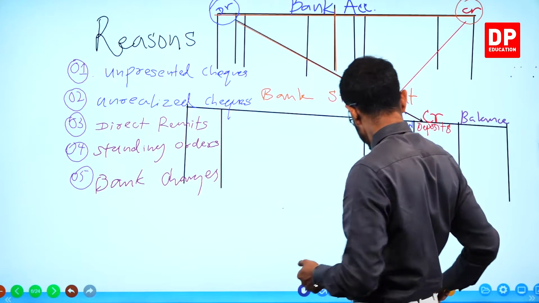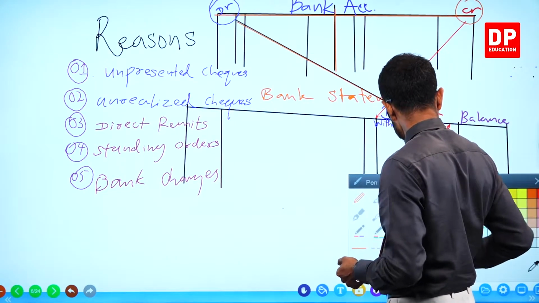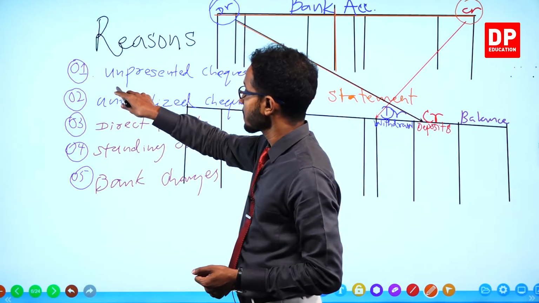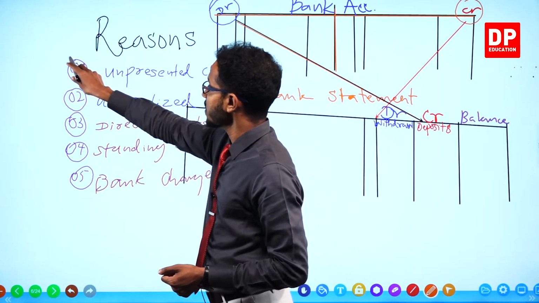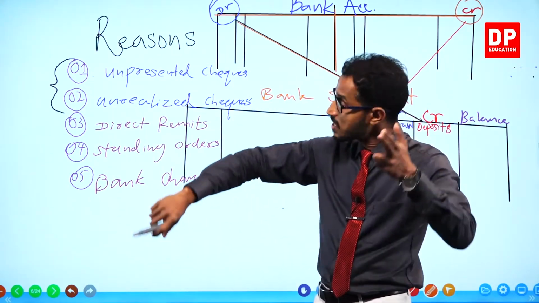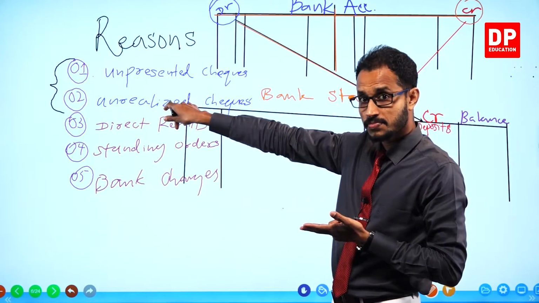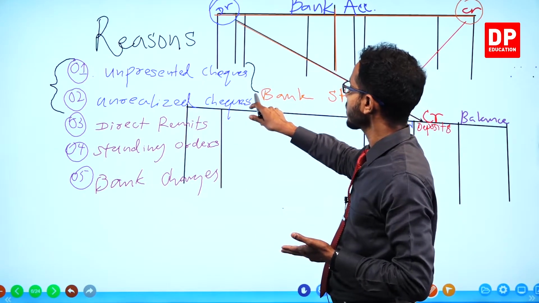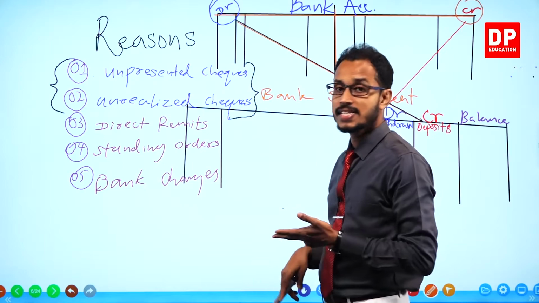Children, these 2 reasons, the blue reasons which are in blue color, unpresented and unrealized checks. These reasons are existing here in our bank account.